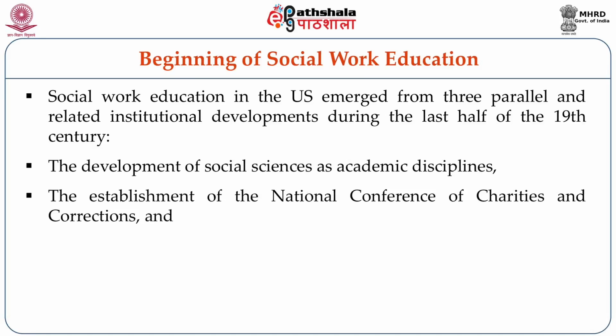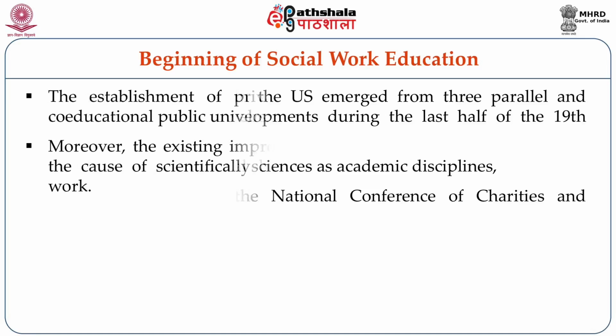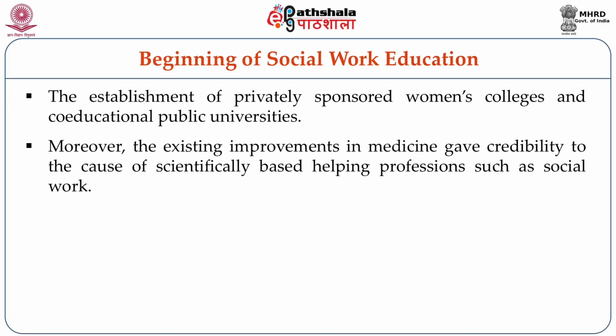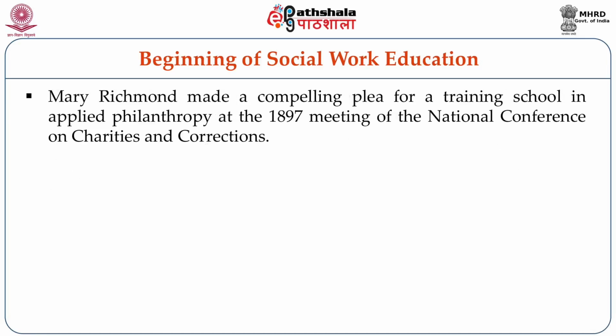Two, establishment of the National Conference of Charities and Corrections. And three, establishment of privately sponsored women's colleges and co-educational public universities. So these three systems which were taking shape were important for the beginning of social work education.